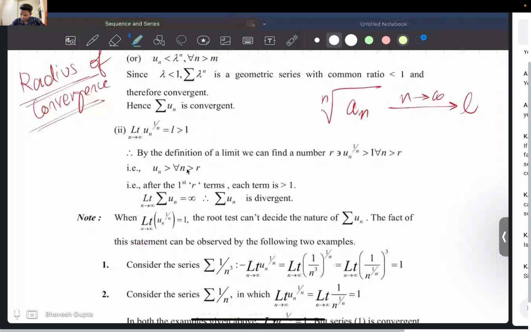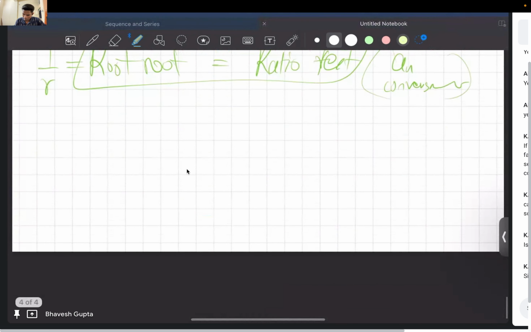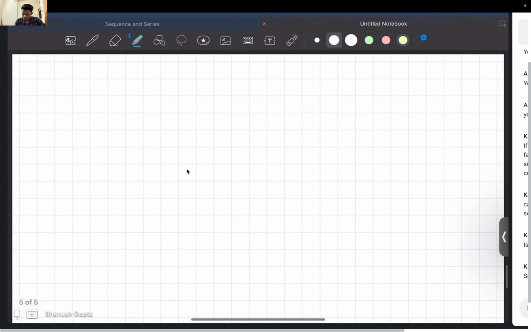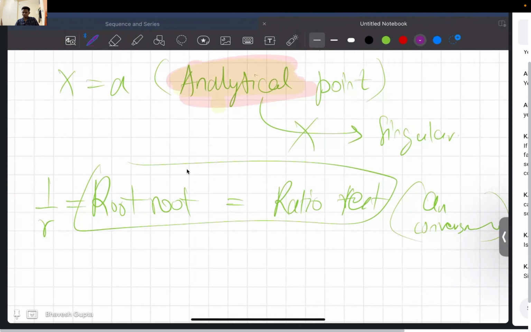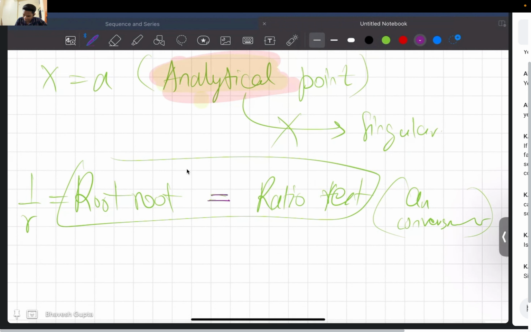Sir, one question. Yeah. When you said that root test and ratio test are almost the same, if they are close enough, then they are giving me two different limit points, right? Yeah, that's why I have used this word equal here. So as long as the limit points are inside those boundaries, they are convergent.